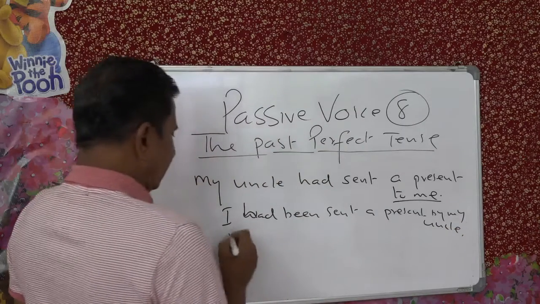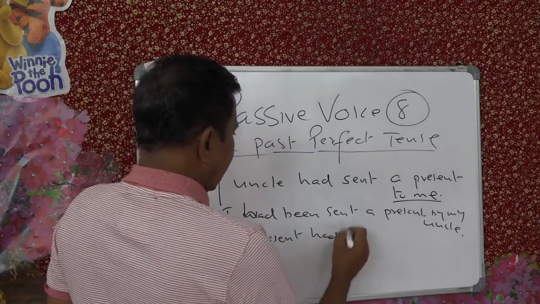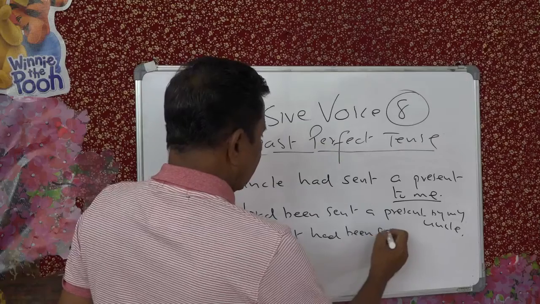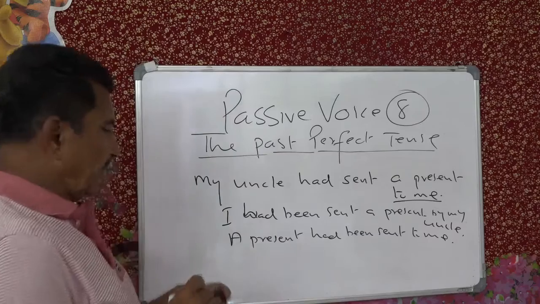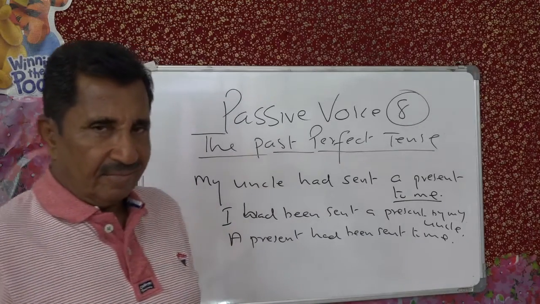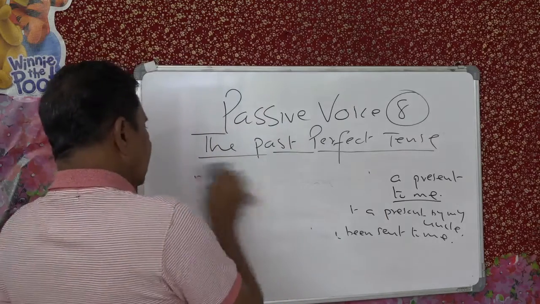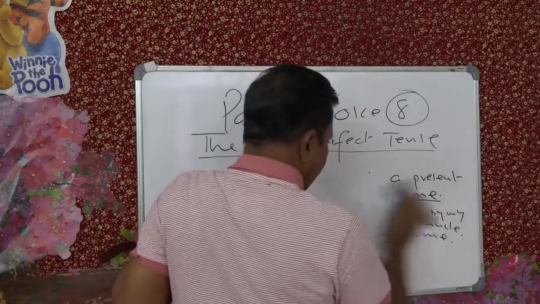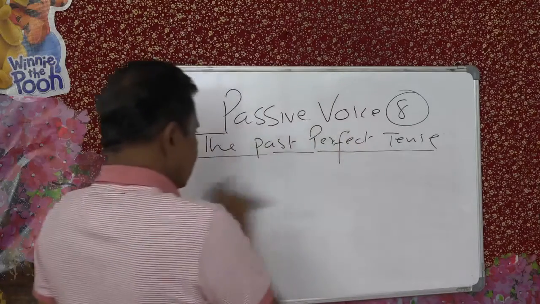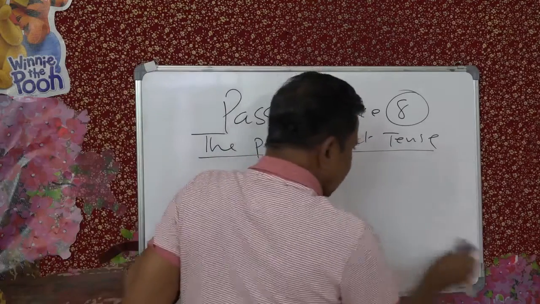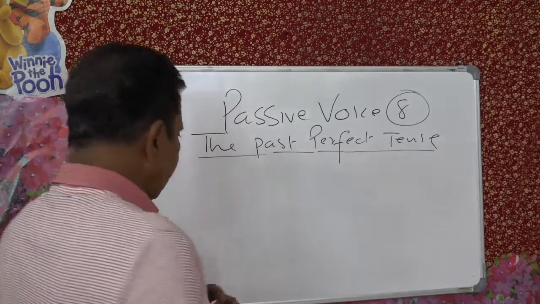Or you can say, a present had been sent to me by my uncle. Which do you prefer? It's okay. In dative movement, very often it's better to start with the personal object. Understand? Okay, let's have another example.